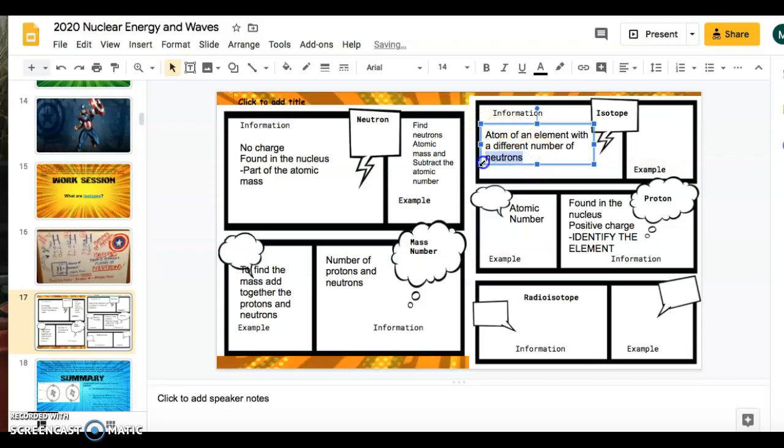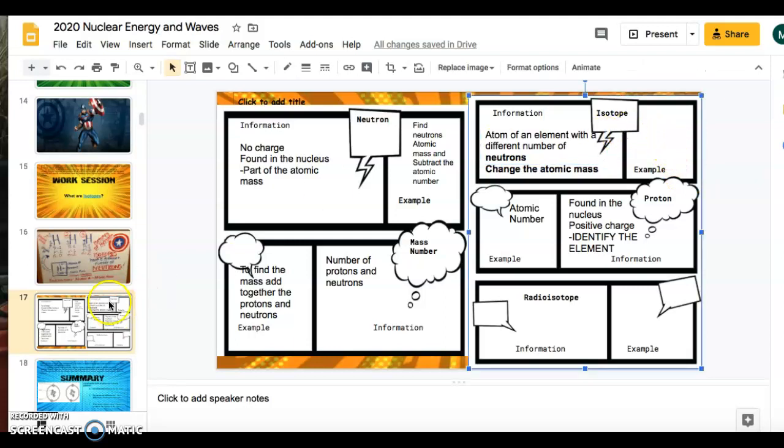This word is really important here, okay? Isotopes have a different number of neutrons. What this means is that you change the atomic mass. Isotopes have a different atomic mass than what they should have because we have either added or subtracted something out of the nucleus that should have been there.